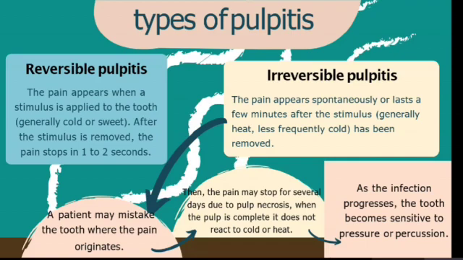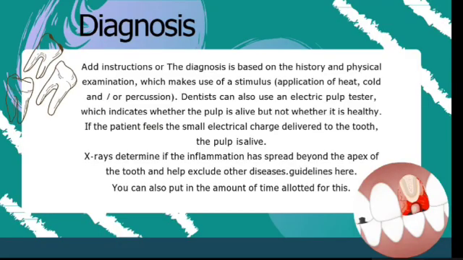A patient may mistake the tooth where the pain originates. Then the pain may stop for several days due to pulp necrosis. When the pulp is necrotic, it does not react to cold or heat. As the infection progresses, the tooth becomes sensitive to pressure or percussion. Diagnosis. The diagnosis is based on the history and physical examination, which makes use of a stimulus, application of heat, cold, or percussion.